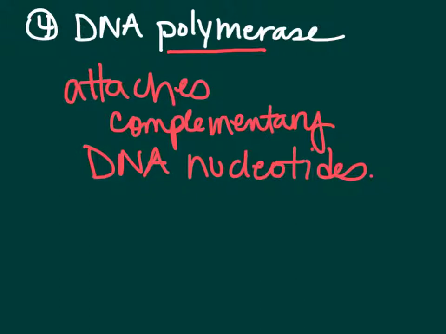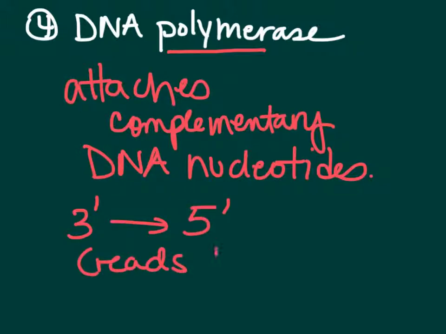So it's going to read the template from 3' to 5'. So it can only go one way. It's a quirk more than a flaw. We don't blame it. It changes how we do things a little bit, but you change all sorts of things you do for other people's quirks.